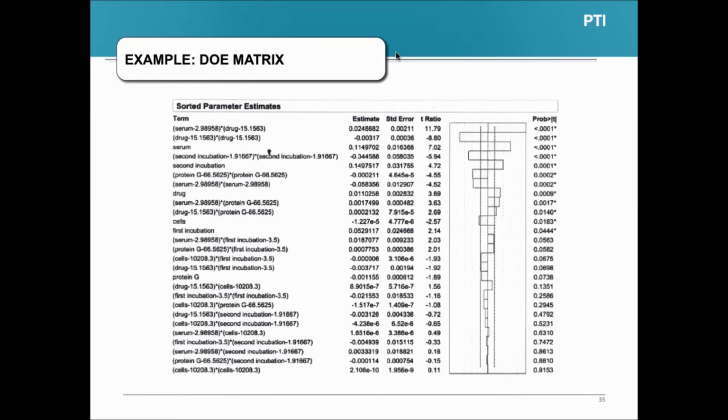So what you see here is the terms, the sorted parameter estimate. So you have here serum, drug, serum alone, so that's a single influence.